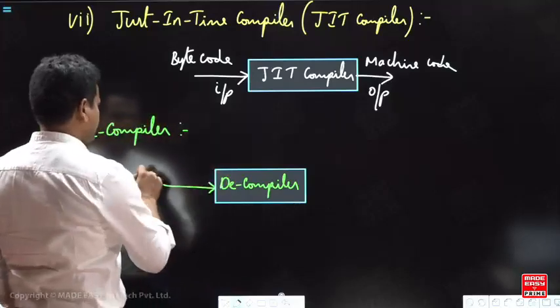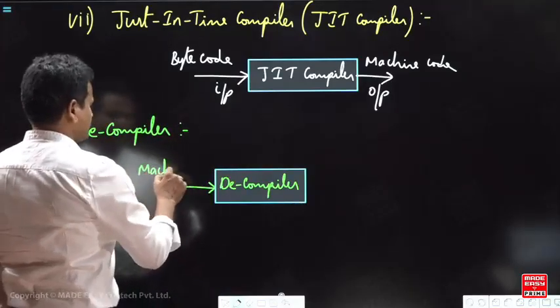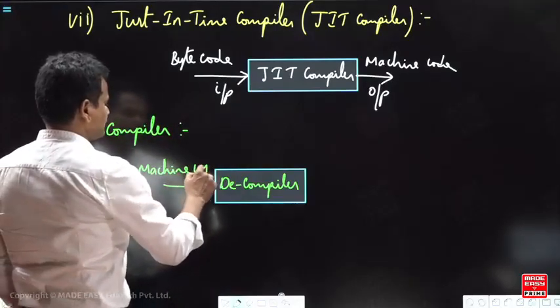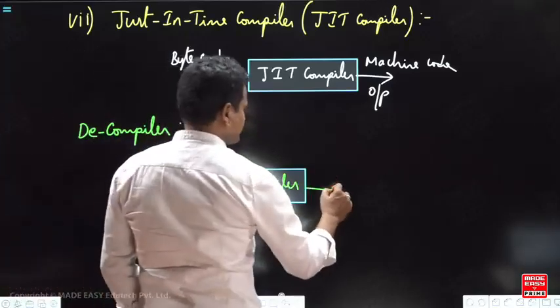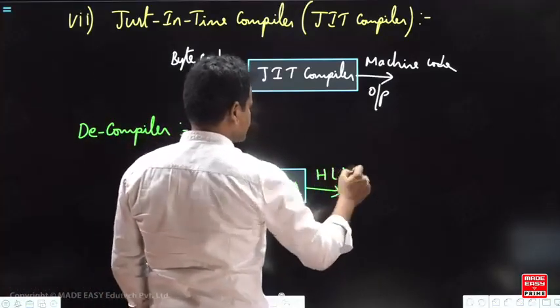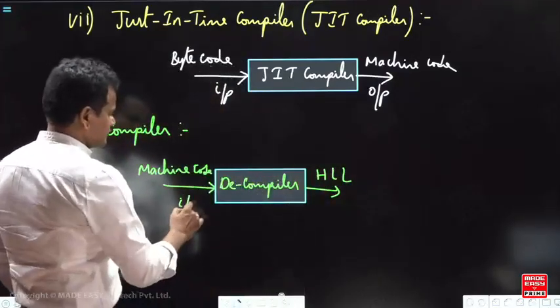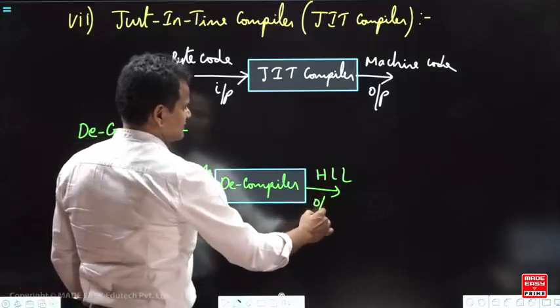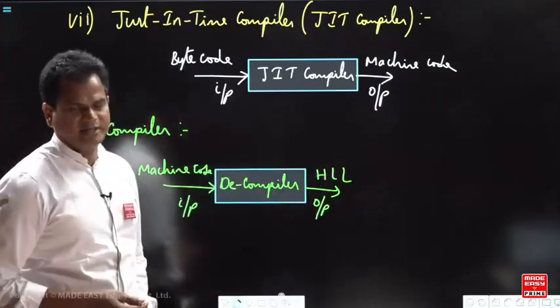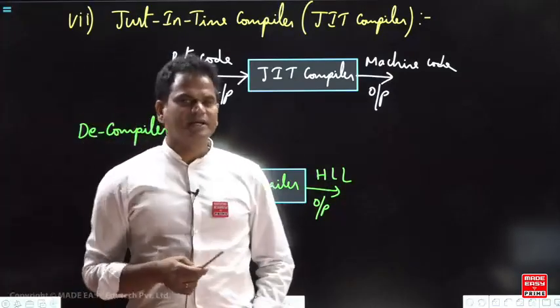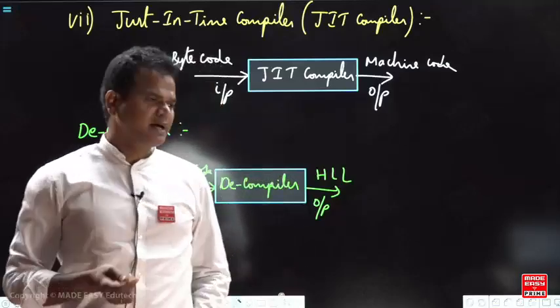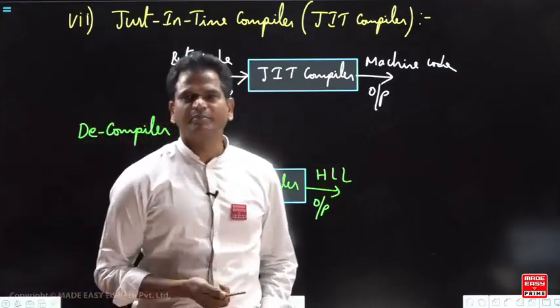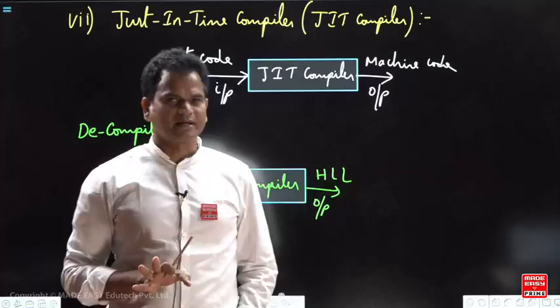It takes the machine code as input and converts this into high level language. Machine code as input and high level language as output. That is decompiler. So these are cross compiler, native compiler, source to source compiler, incremental compiler, just-in-time compiler, bytecode compiler, load and go compiler.